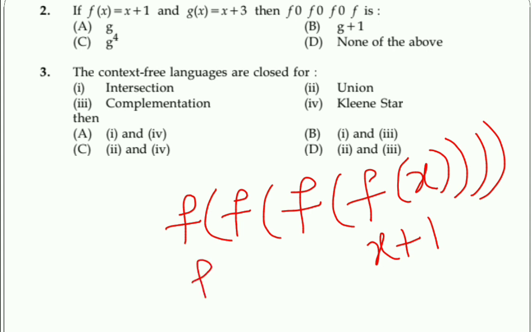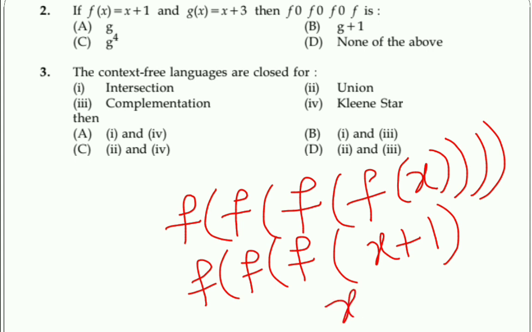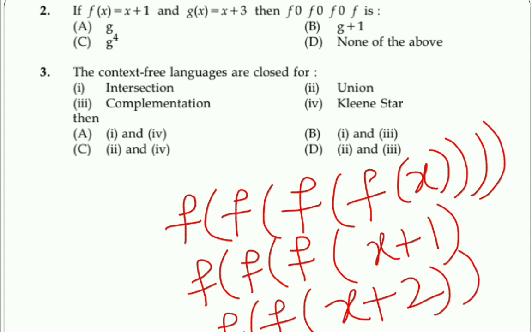So f of x plus 1. Since f of x is x plus 1, we consider this value as x and substitute it in f of x itself. This gives x plus 2, that is, x plus 1 plus 1. So f of x plus 2.